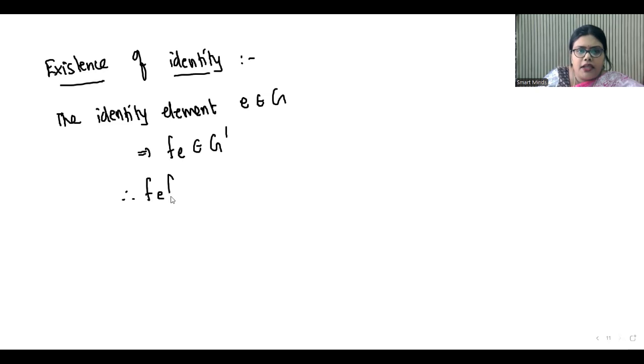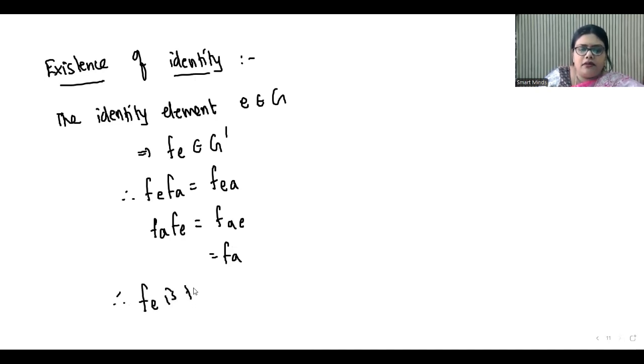Therefore, FEFA is equal to FEA. This we can write FAFE is equal to FAE, which is equal to FA because E is the identity element. Therefore, FE is the identity element in G dash.